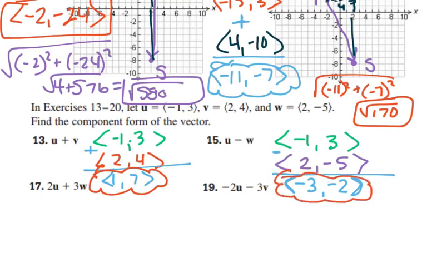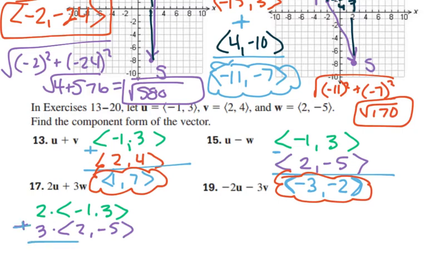The next ones take a little bit more because they're having you take, for instance, 2 times negative 1, 3, and then adding that to 3 times 2, negative 5.